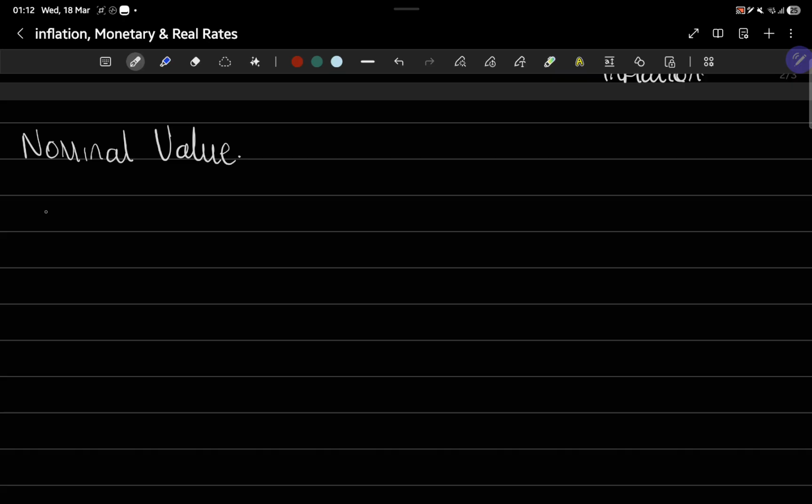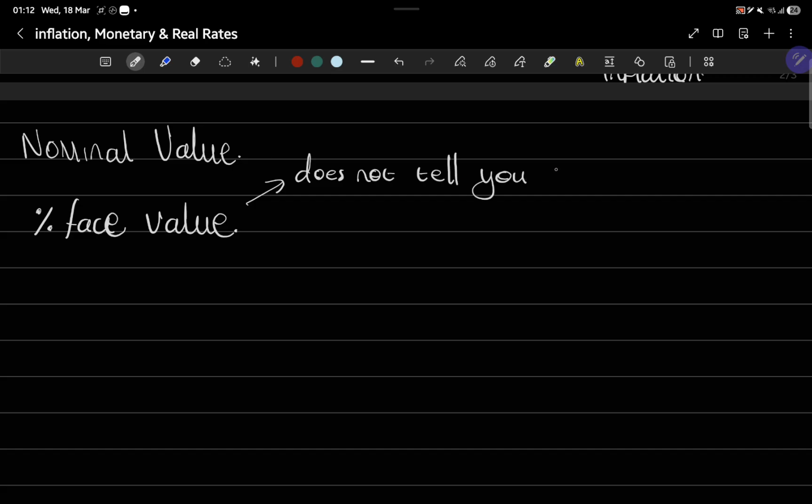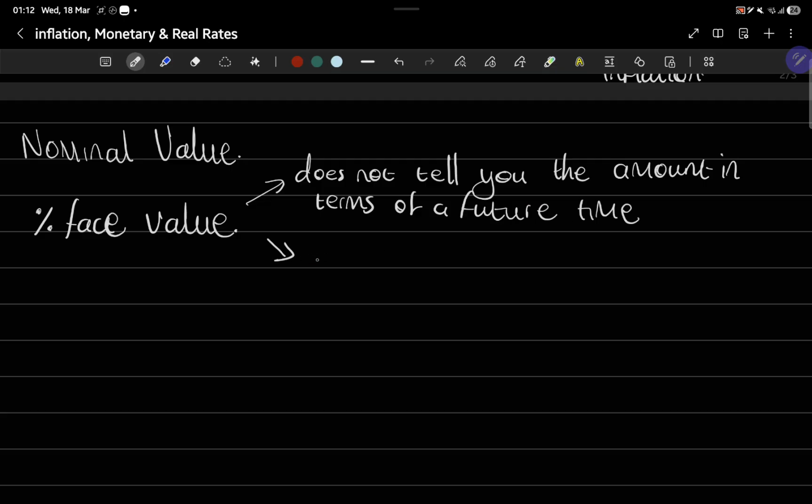Now, a nominal value is a percentage of the face value of a security. So in other words, this does not tell you the amount in terms of a future time, nor does it tell you the amount in terms of the present time.